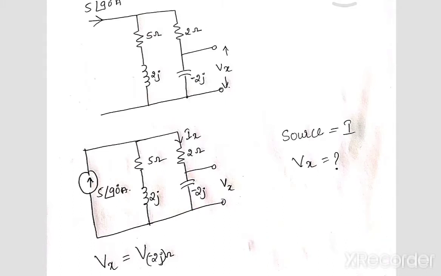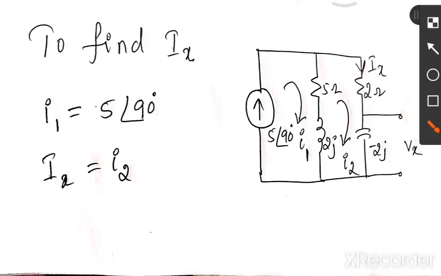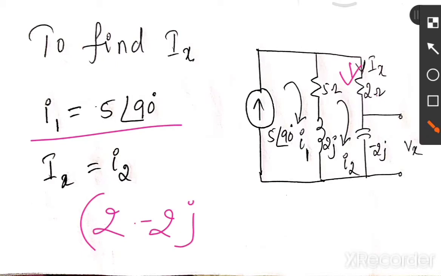Let's apply KVL for both the loops. I1 is phi at an angle 90. Let's apply KVL for the second loop. Shall we move from this? It is 2 ohm resistance, and then next minus 2j ohm, I2. Come to this, plus 5 plus 2j.